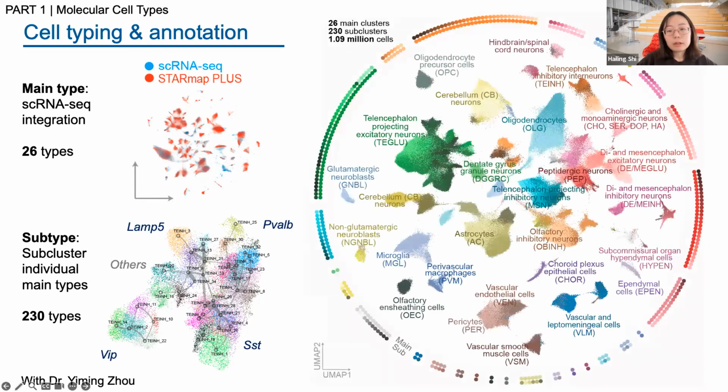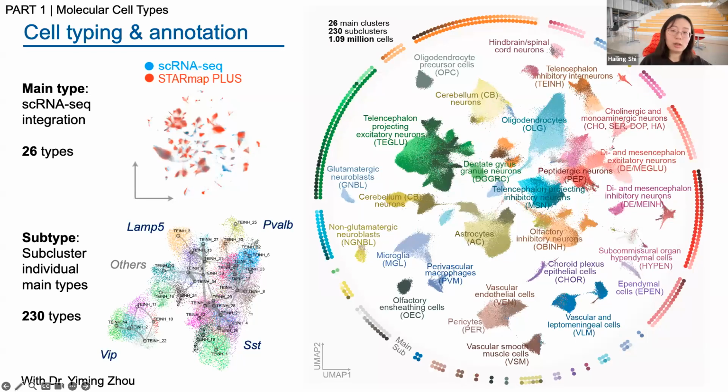And eventually it resulted in this large UMAP plot where the cells are colored by their subtype identity. So in total, as I mentioned, we have 230 different subclusters. And indeed, the majority of the diversity comes from neuronal cell types.